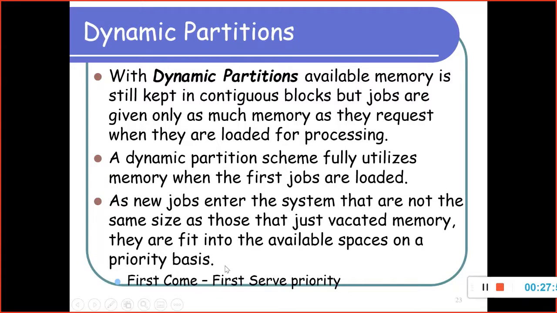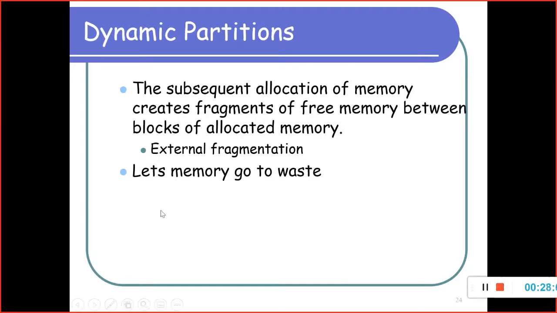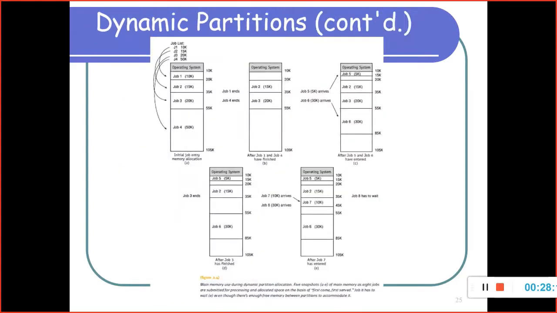So dynamic partition is based on first come, first serve priority. The subsequent allocation of memory creates fragments of free memory between blocks of allocated memory, or we call it external fragmentation. So you see that in the examples after this. So less memory goes to waste, but it's not as wasteful as a fixed partition.